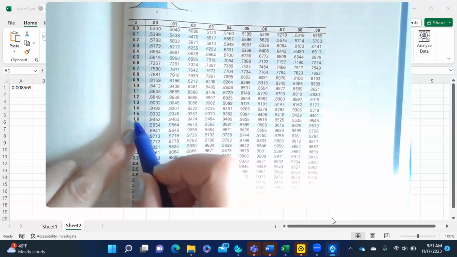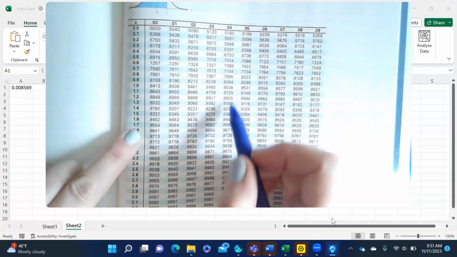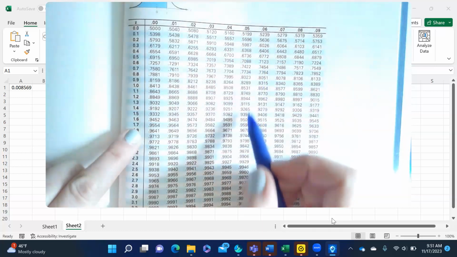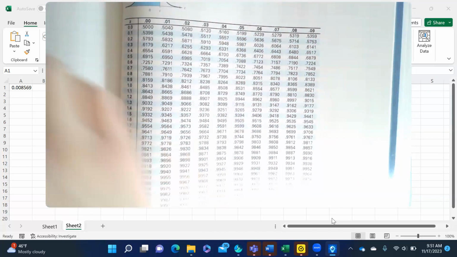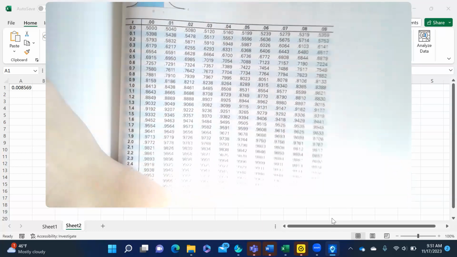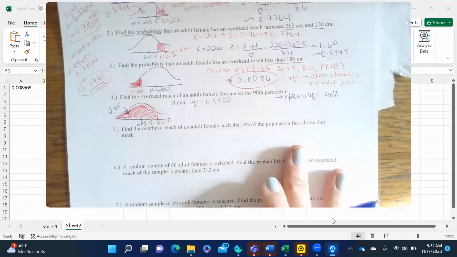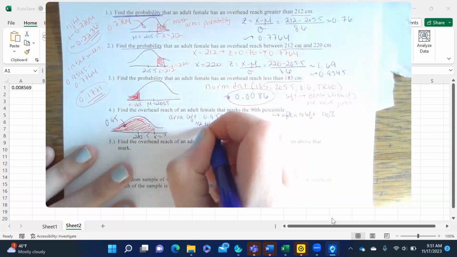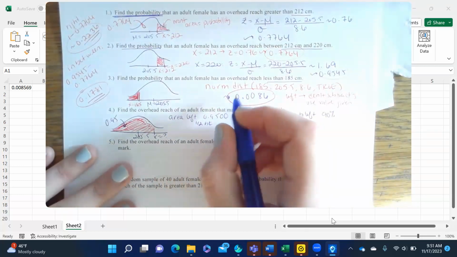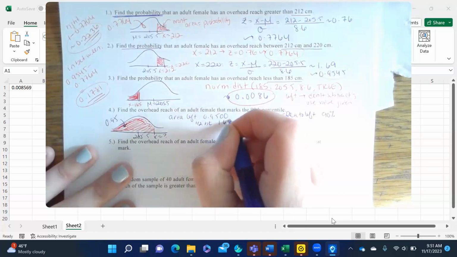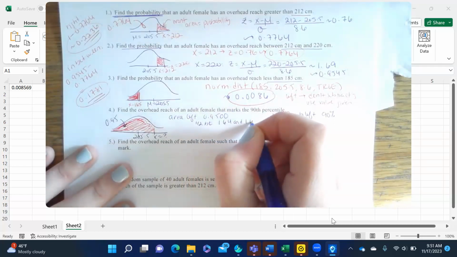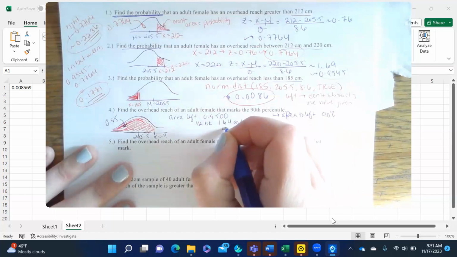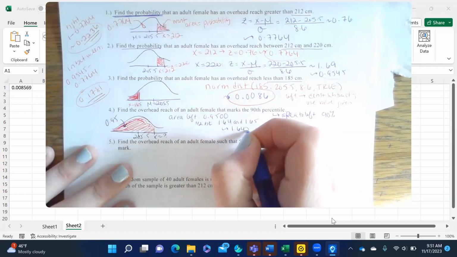Because we're right in between 1.64 and 1.65, we'll average those 2 together, and you get 1.645 for your z-score there.